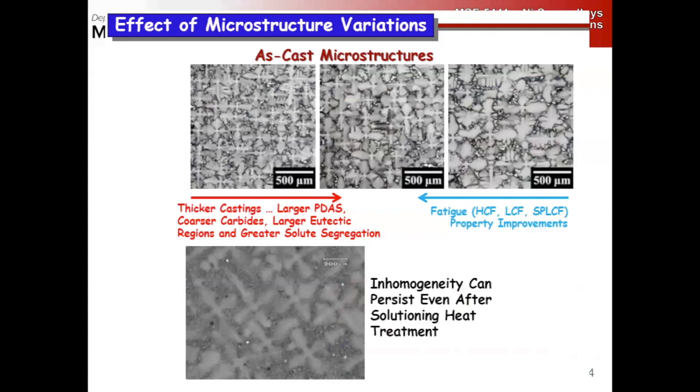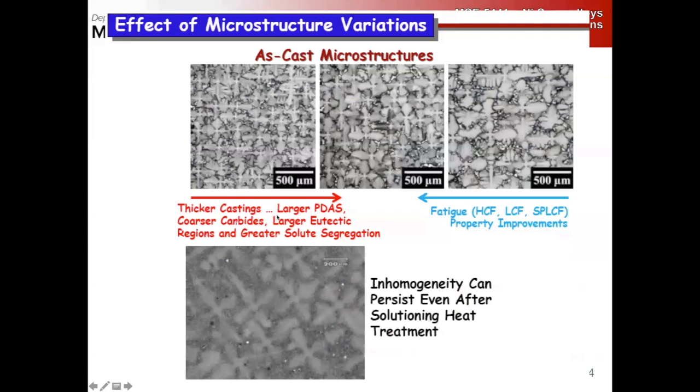But the general rule of thumb is going to be the thicker the casting, the larger the primary dendritic arm spacing. That's what PDAS stands for.